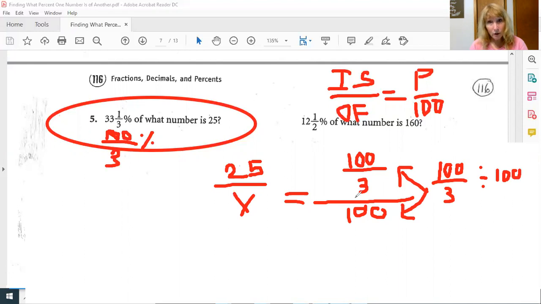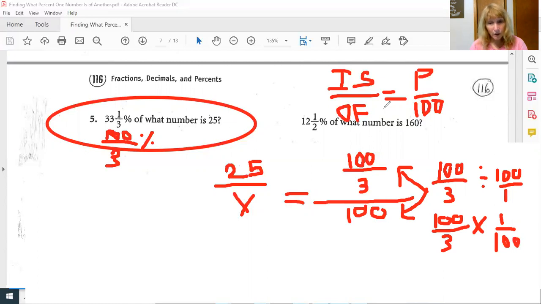But when I do division of fractions, what I'm really doing is 100 over 3. I'm using keep, change, flip. So keep the first fraction, change the sign to multiplication, and flip the second fraction. Well, we don't have a fraction, but we can make it one if we put a 1 underneath. So flip the second fraction, 1 over 100.